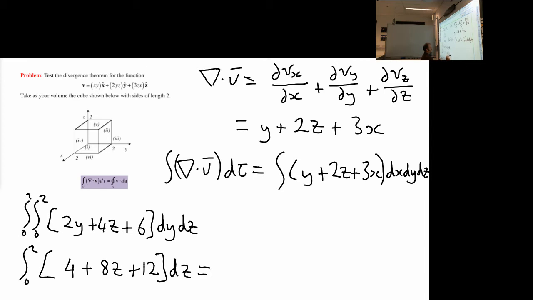And then integrating with respect to z, we get 8z squared over 2, so we're left with 4z squared plus 16z between 0 and 2, which would be equal to 16 plus 32, which equals 48.